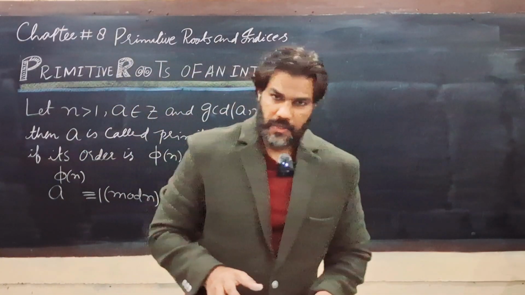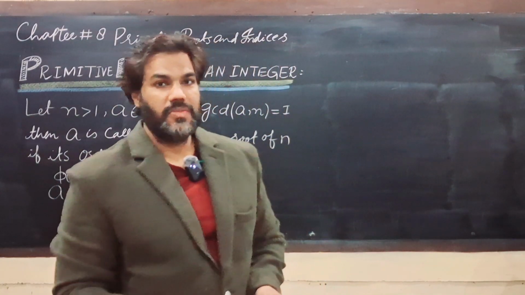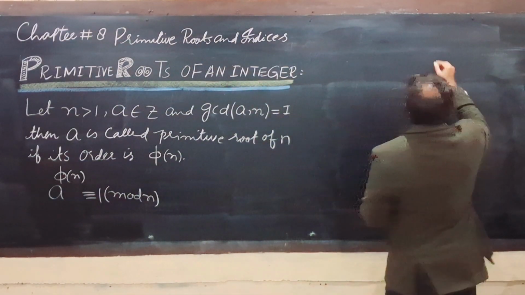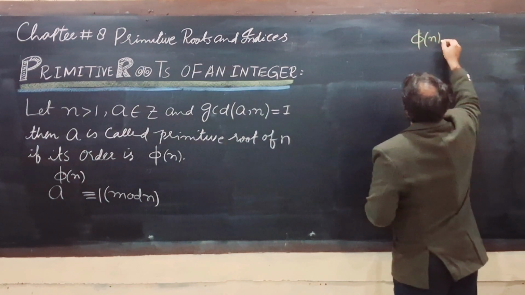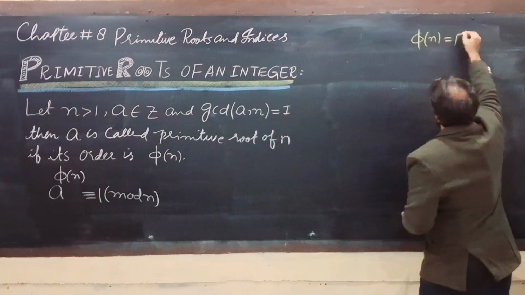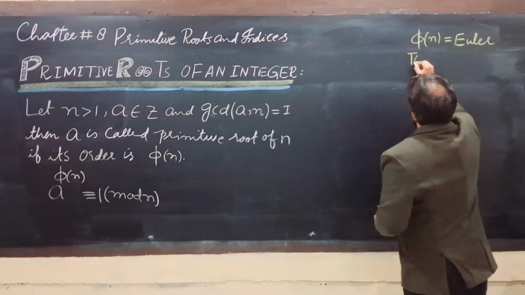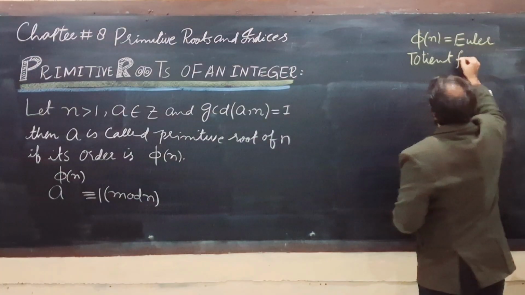If an integer a has the order phi of n, what is meant by phi of n? Phi of n is the Euler totient function.